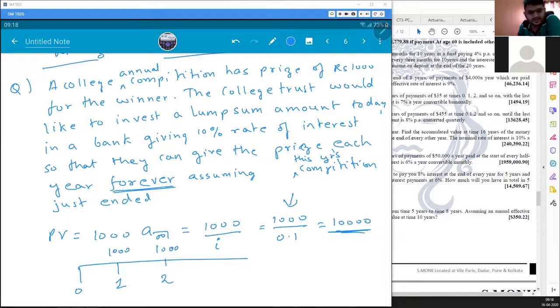So I still have 10,000 rupees in the bank. At time 3, again I do the same thing, and I still have 10,000 rupees in the bank. So the principal amount is not changing, and we are taking out the interest every year. That way our amount remains the same. The principal amount remains the same, so we get the same amount of interest every single year, because we are taking out the interest.